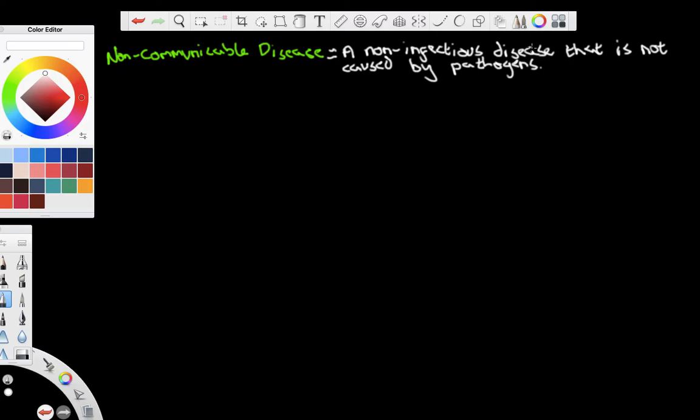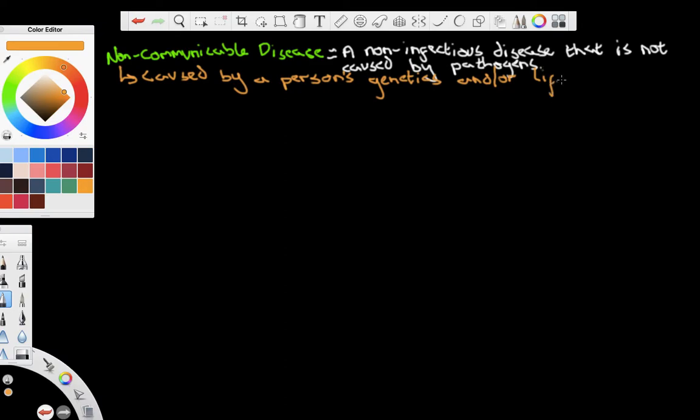Non-communicable diseases are caused by lifestyle factors. Okay, so are you getting enough exercise? Are you eating a balanced diet? Are you exposing yourself to lots of radiation? So a non-communicable disease is caused by a person's genetics and/or lifestyle.